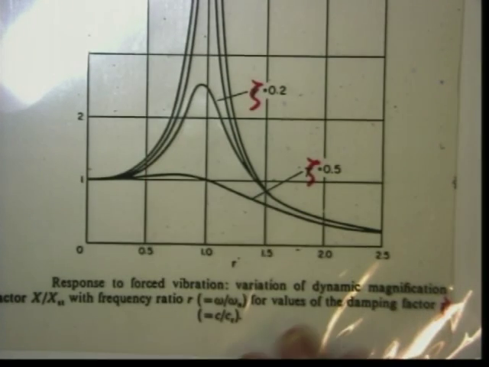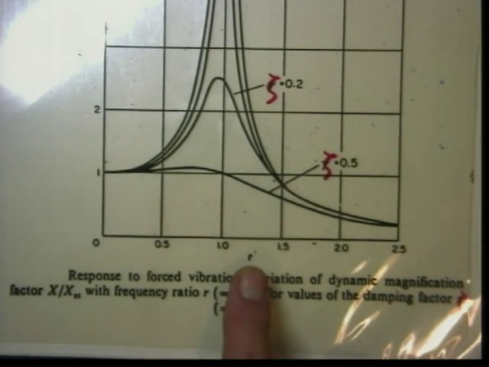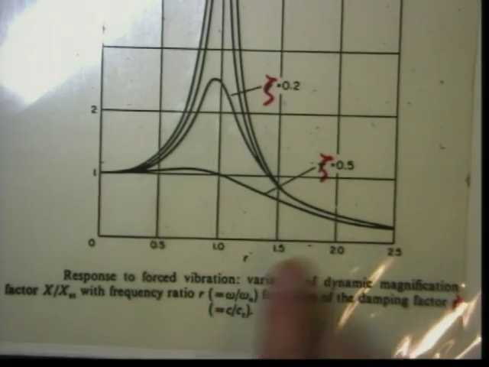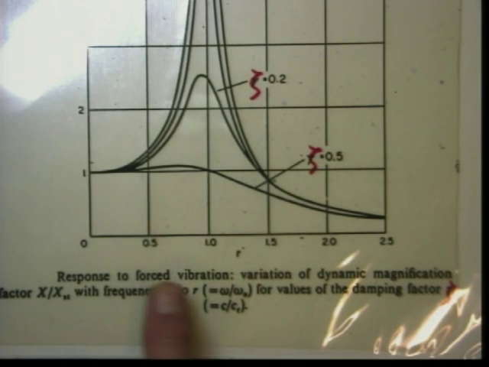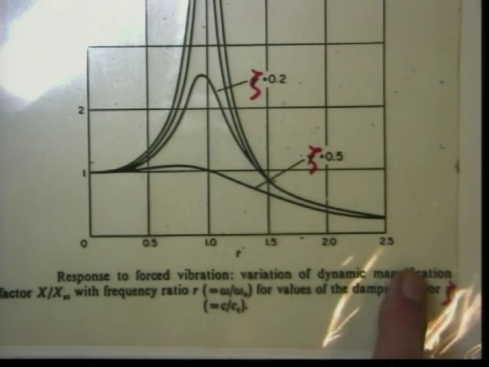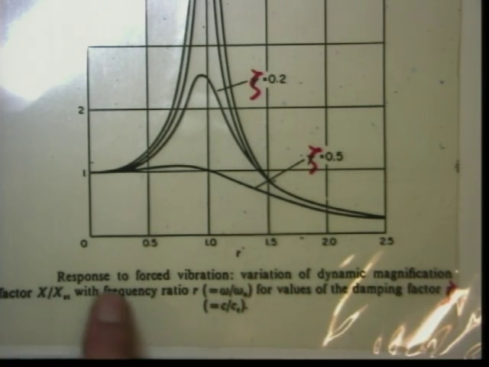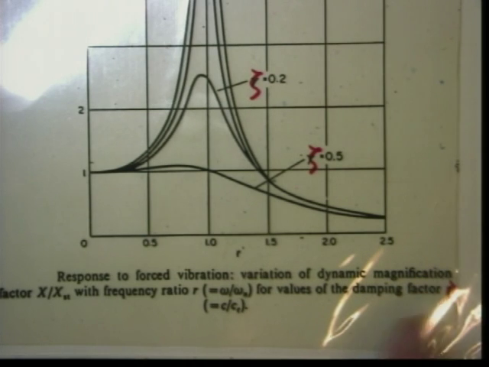Yes, the abscissa is r, small r, omega over omega sub 0. This shows the response to forced vibration: variation of dynamic magnification factor versus frequency ratio for values of damping factor zeta.